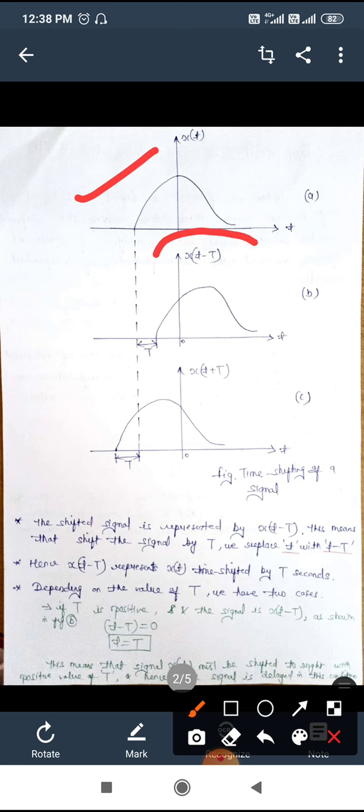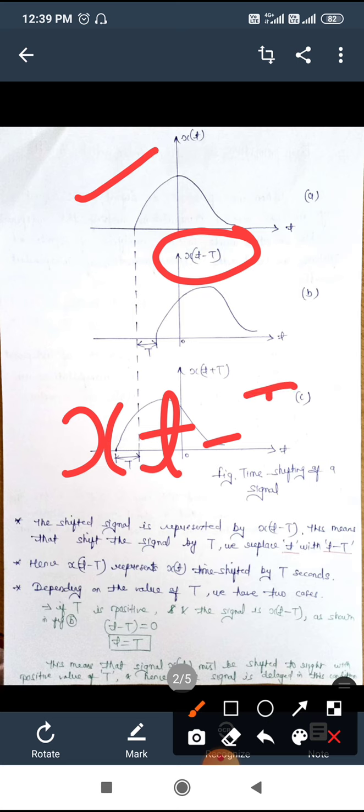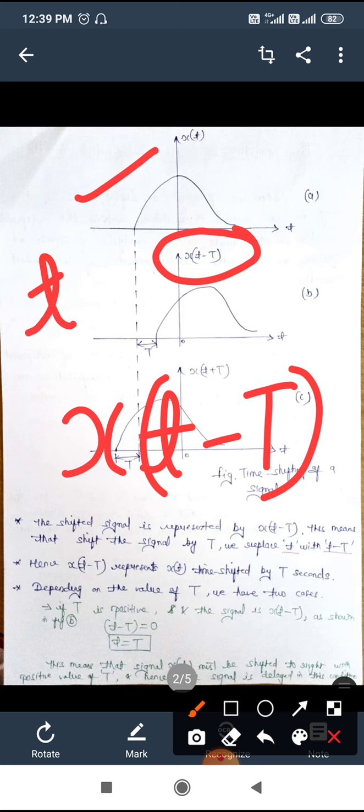Here we have taken the signal x(t minus T). This represents x(t) time shifted by T seconds. That means we shift the signal by T. Here what we have to do? We simply replace t with t minus capital T.